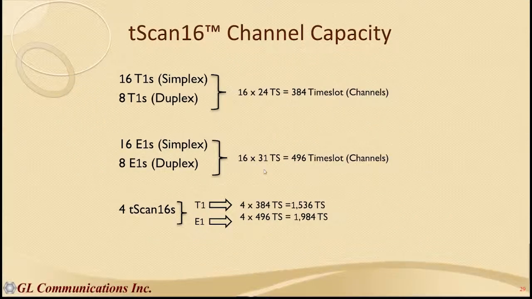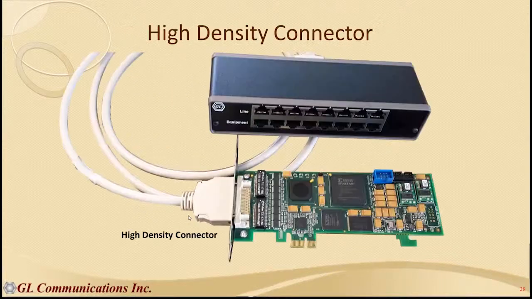And in E1, you're talking about 496 time slots in 16. But you could also put many of these T-Scan 16s in one PC. As you can see, it's a very small form factor, and it's using a lot of custom logic here.